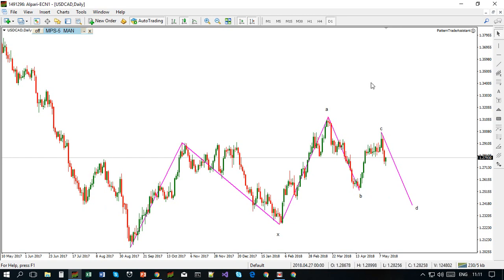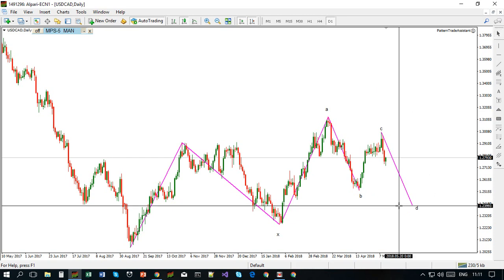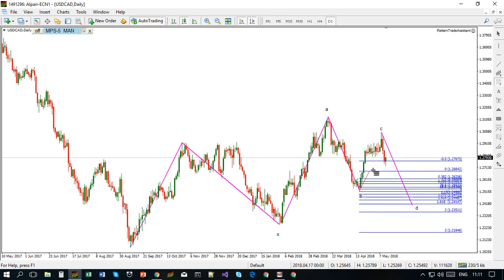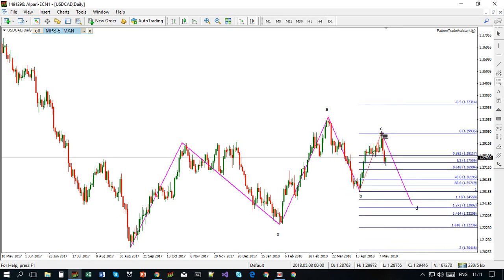If you are a harmonic pattern trader, yes, then this ABCD pattern should also be complemented with other Fibonacci ratios. The first Fibonacci ratio that we need to have is the inversion of Fibonacci, the B to C inversion. So we stretch the fibs and we'll move it inverted.